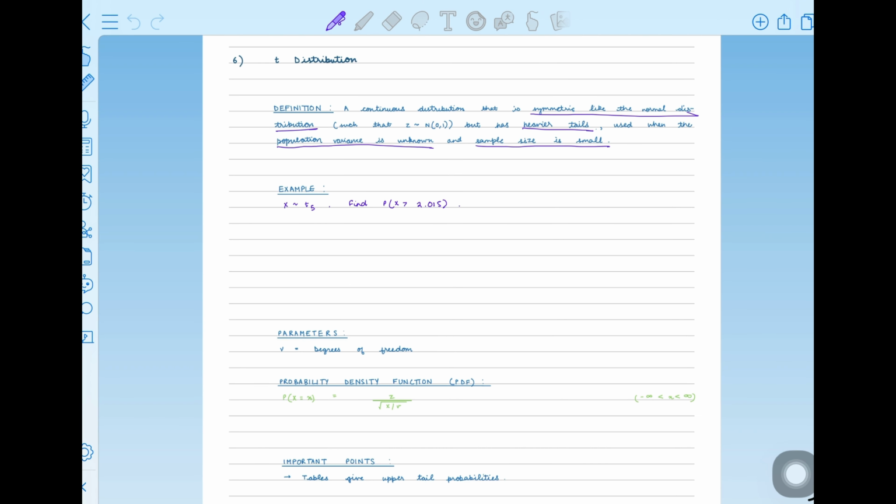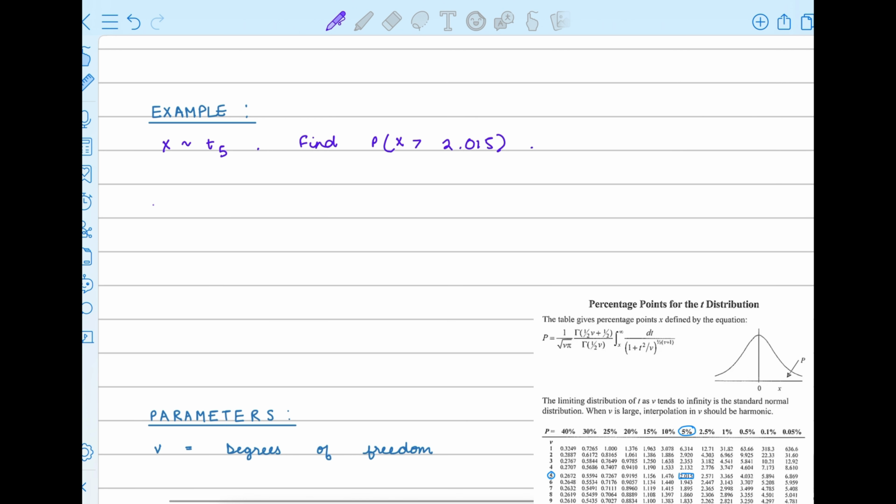The PDF for this is z upon under root x upon v, where z is the standard normal variable. It's also important to note that the t-distribution table gives upper tail or right tail probabilities. This gives us the answer as 0.05.